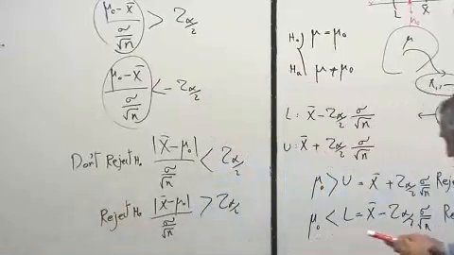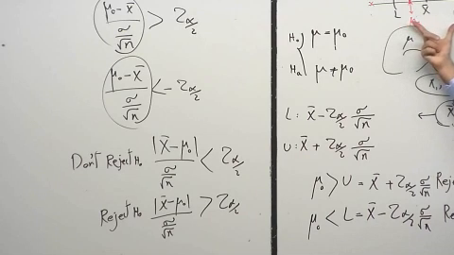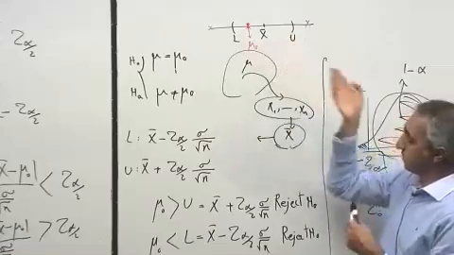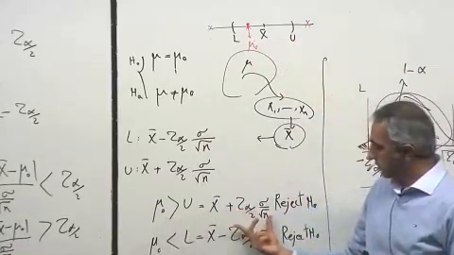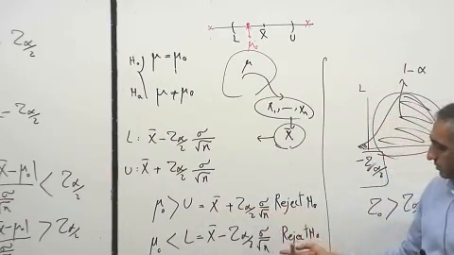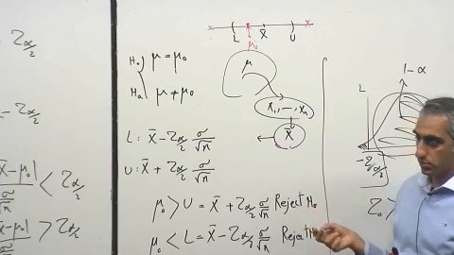Okay? So it's basically based on the confidence interval that you have. Intuitively, I develop a confidence interval, then I check whether mu belongs to this confidence interval or not. If mu does not belong to this confidence interval, which means greater than the upper limit or less than the lower limit, then I need to reject. Otherwise I should accept.